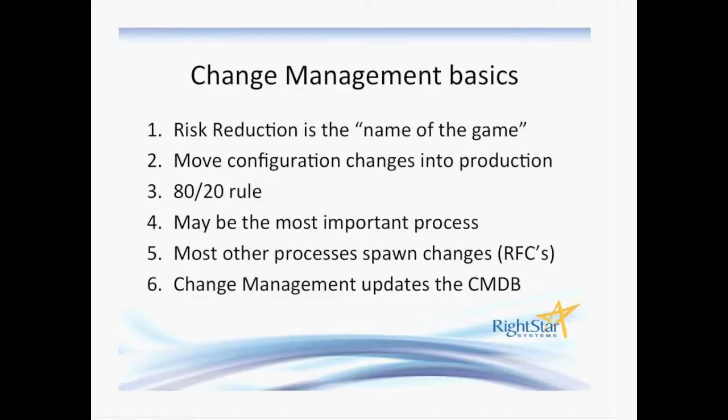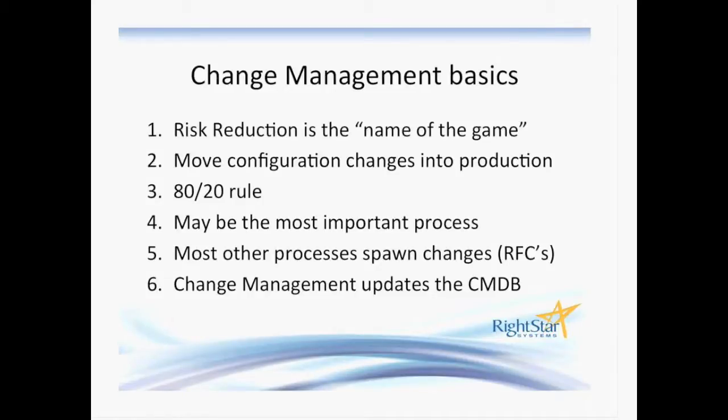And then the change management process is tied at the hip to something called the CMDB, the Configuration Management Database. The reason the CMDB and change management are so closely aligned is because, before you make a change, you need to know the state or status of the item. We call it a CI, configuration item. What is the status of that item before the change, and what is the status of that item after the change?